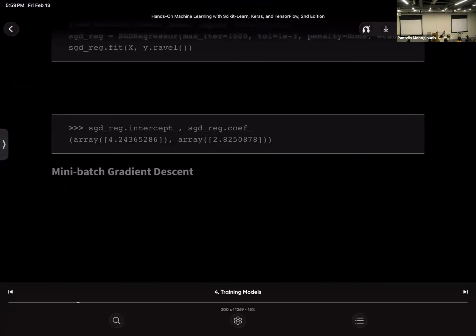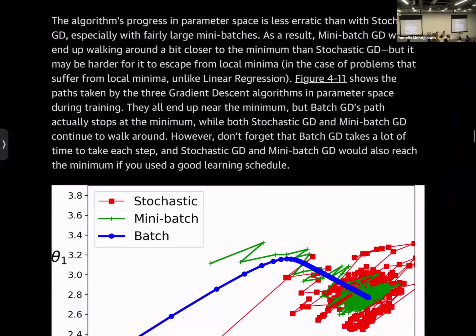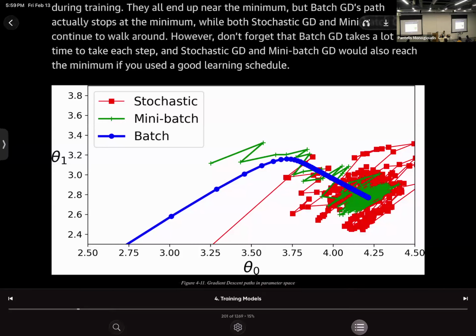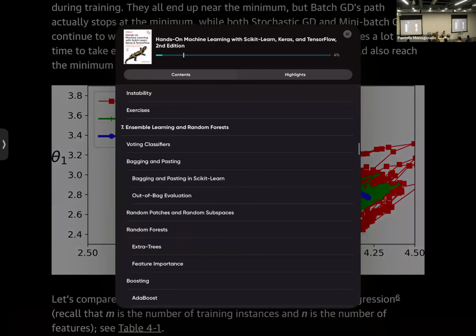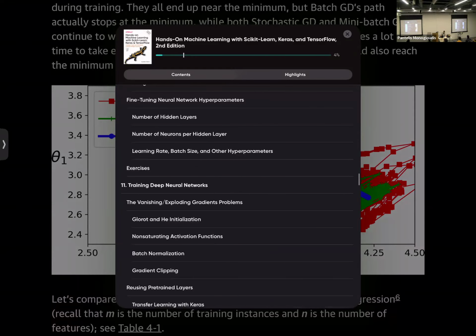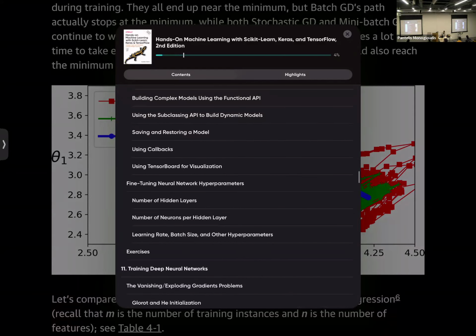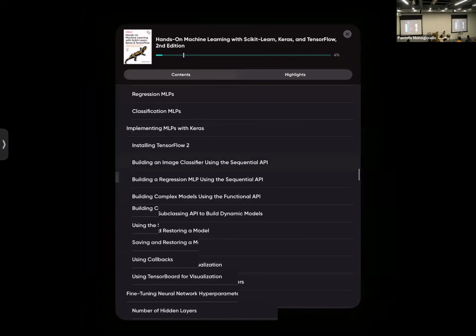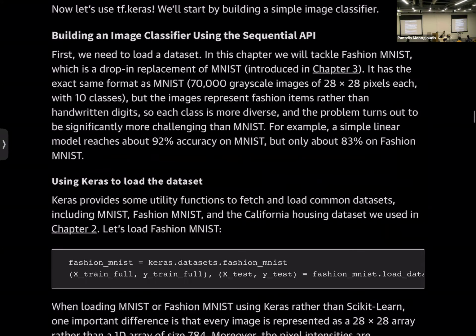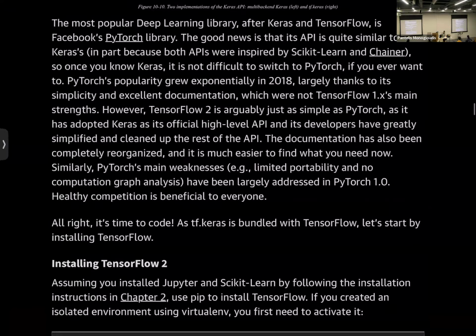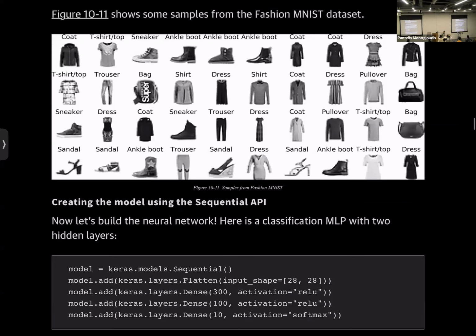Okay, so I want you to go to that O'Reilly library. Let's see. Let's go all the way to chapter 10. Okay, here's your data set.